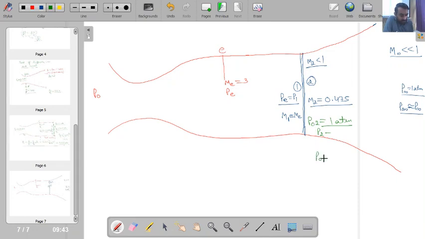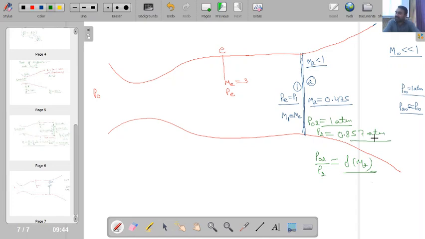So I can use the relation P naught 2 by P2 equal to a function of M2. M2 is known, so I can calculate the value of P2 because P naught 2 is also known. From here P2 comes out to be 0.857 atmospheric.